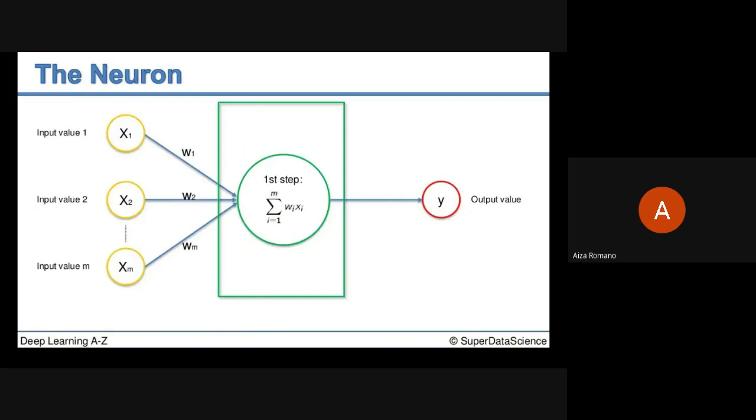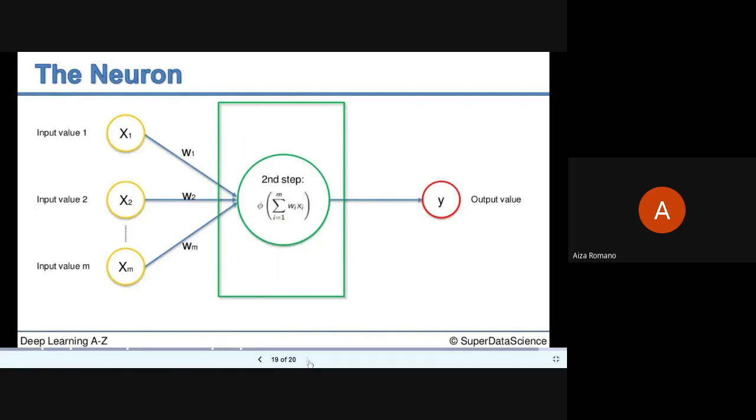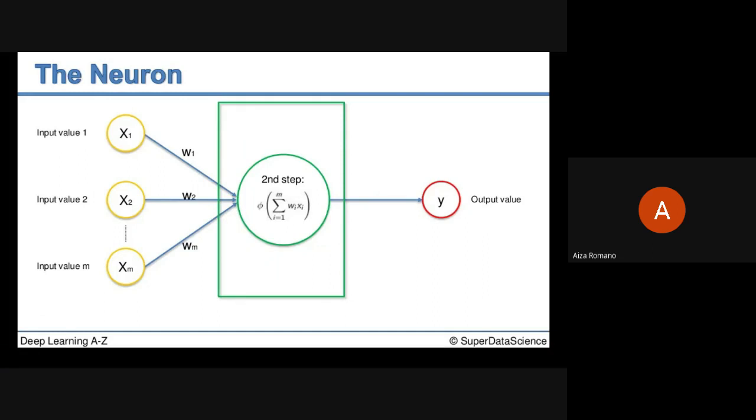And then it applies an activation function. Now we're going to talk more about the activation function in the next lecture, but it's basically a function that is assigned to this neuron, and it is applied to this weighted sum.